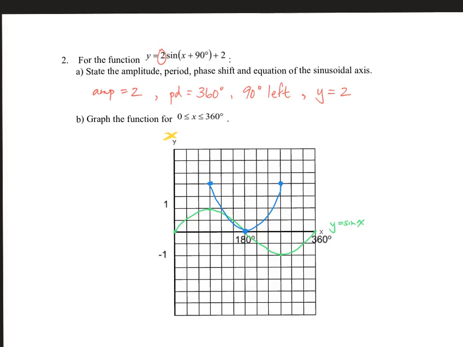On my blue graph, I notice that from my minimum, I'm 1, 2, 3 units to the right, 1, 2, 3, 4 units up. Each part of my graph is symmetrical. So that means to get 1, 2, 3 to the left and 1, 2, 3, 4 up would also have to put me back at the middle of my graph.